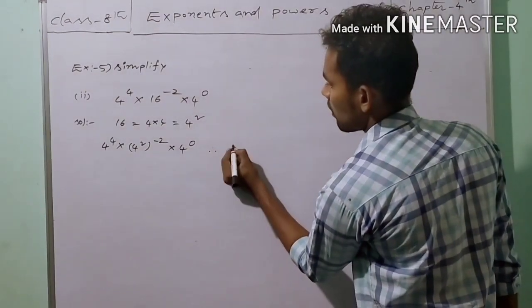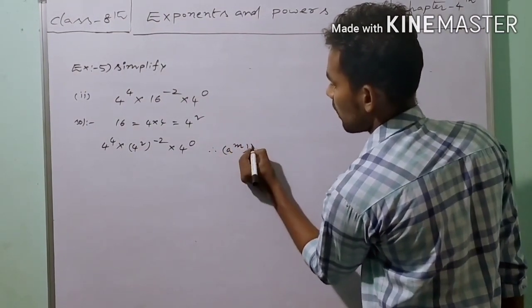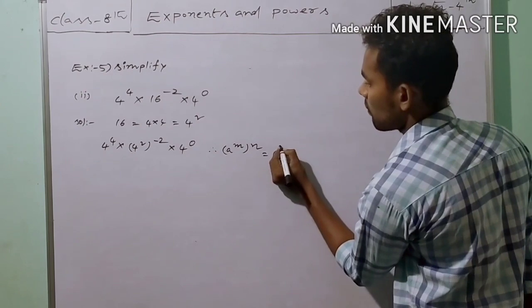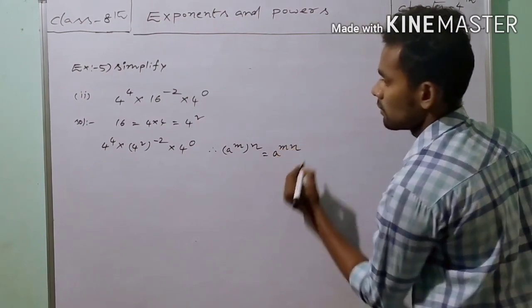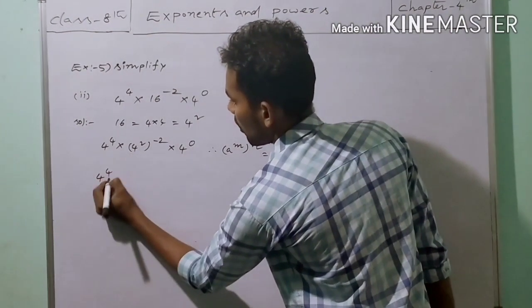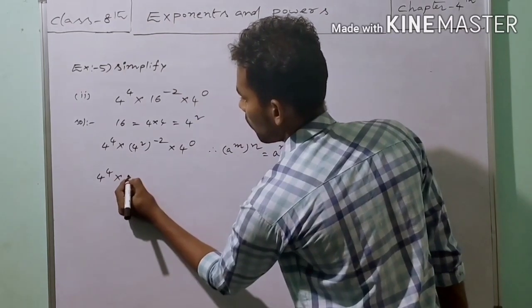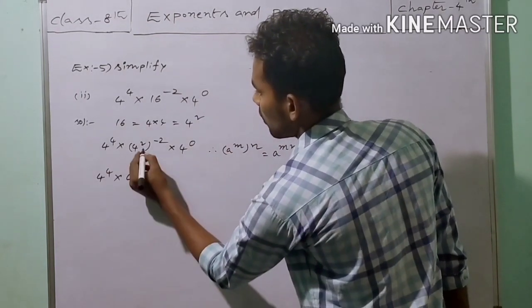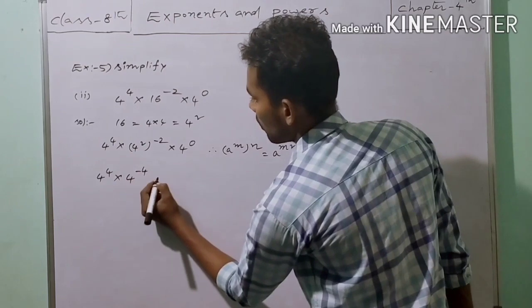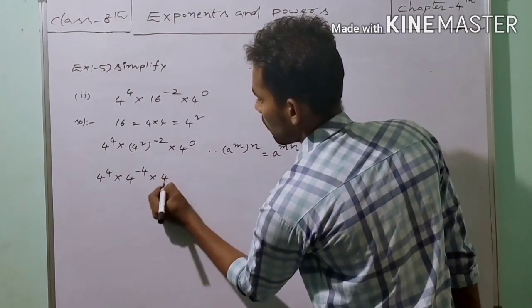Therefore, a power of m whole power of n equals a power of mn. 4 power of 4 into 4 power of 2 into minus 2 is minus 4, into 4 power of 0.